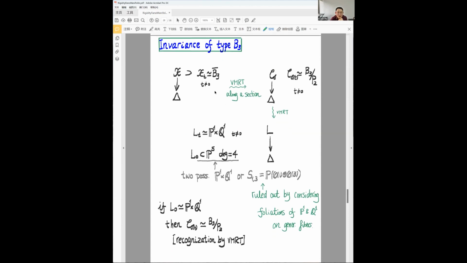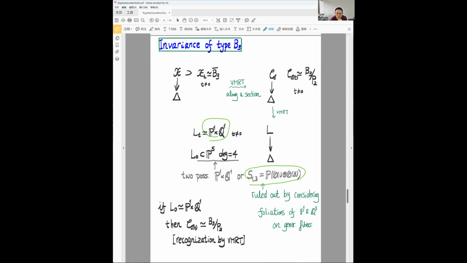In fact, we not only consider the VMRT, but we consider again the VMRT of the VMRT. Because this VMRT gives you this B3 mod P2, and when you take the VMRT of B3 mod P2, then you get the P1 plus Q1. P1 plus Q1 has two possibilities. It can deform either to itself or deform to another physical surface.